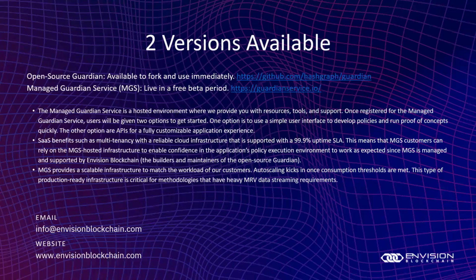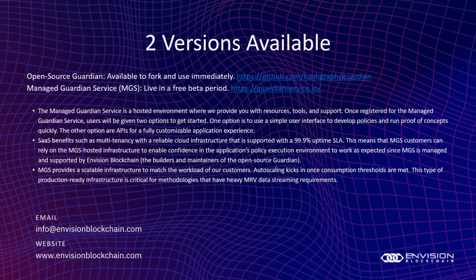We have 2 versions available of the Guardian. There's an open source version that's available to fork and use immediately. You can find all that information on our GitHub. Then we have the Managed Guardian service, which is a comprehensive solution that provides users with resources, tools, and support. With 2 options to get started, users can choose between a simple user interface for developing policies and running proofs of concept quickly, or fully customizable APIs for a more tailored experience.